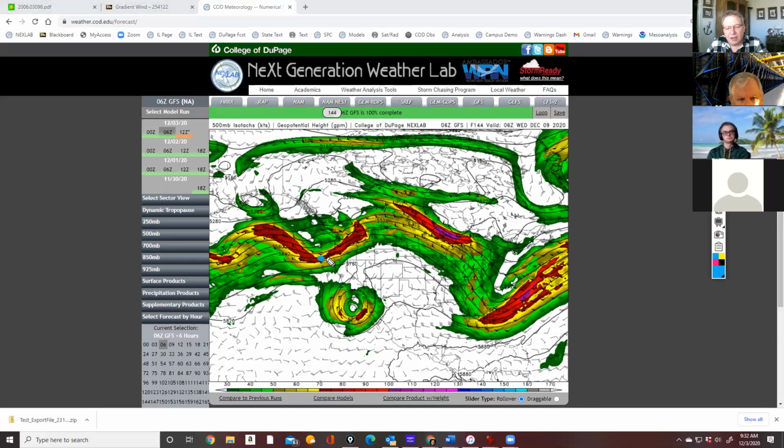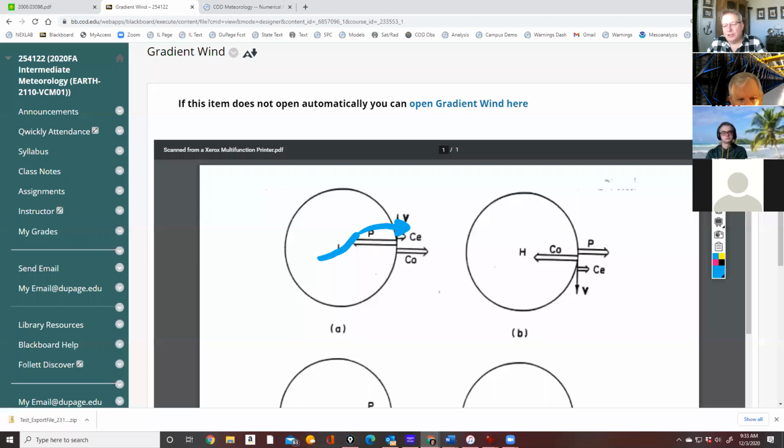As the air is coming here, it's not going to make the curve if it's going too fast. Not making the curve says that the pressure gradient force is going to be too strong. So not making the curve means the air crosses the isobars toward lower pressure.